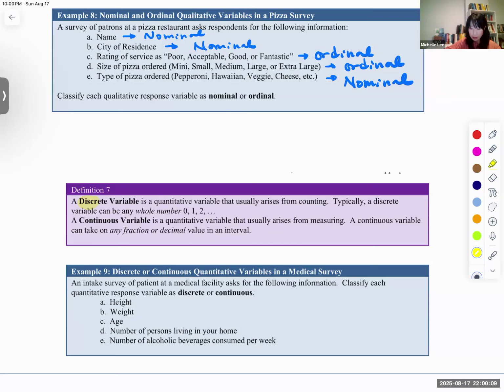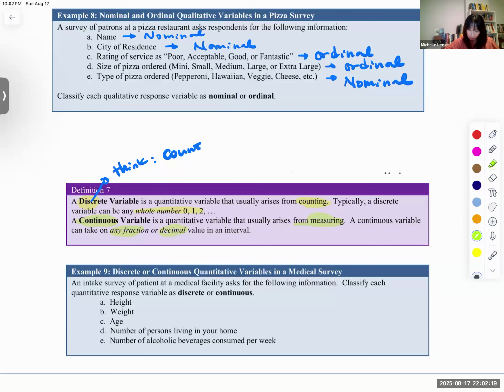So 0, 1, 2, 3, 4, we count, right? Continuous variable, we think of measuring. So any fraction or decimal.